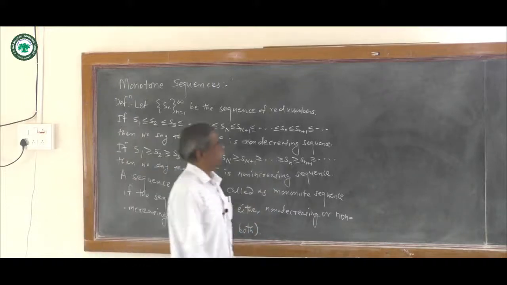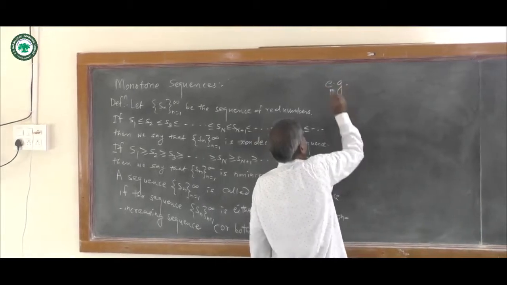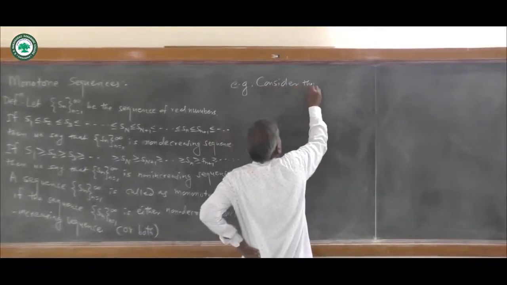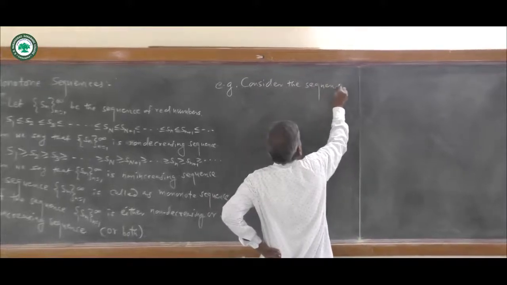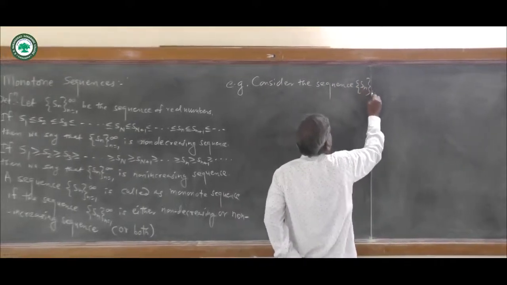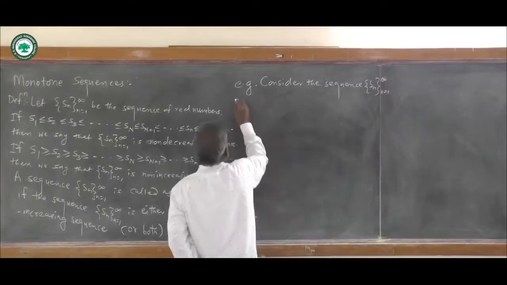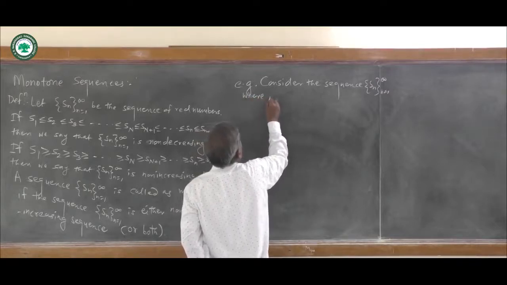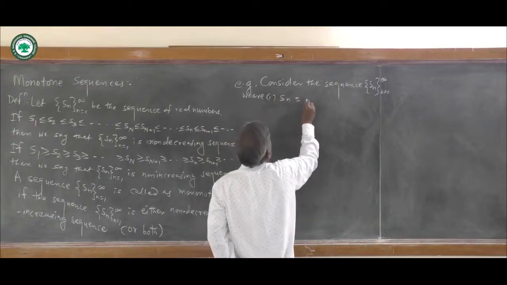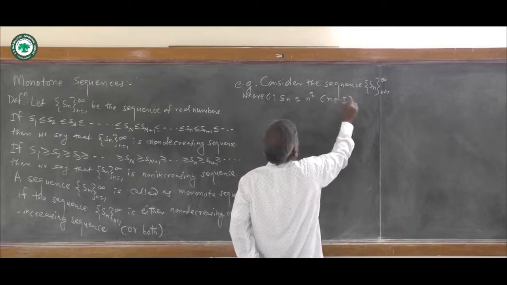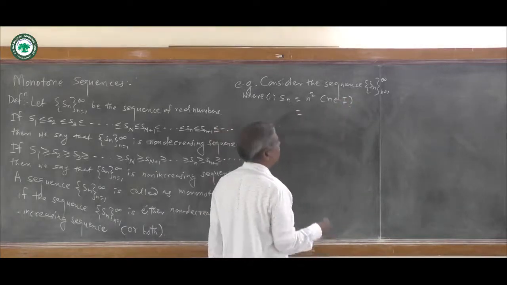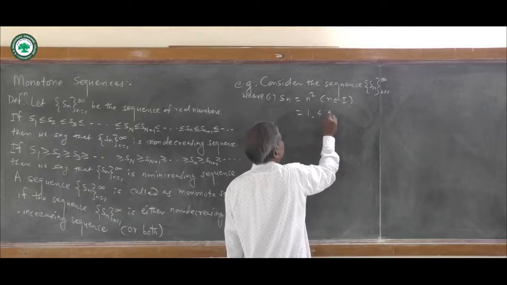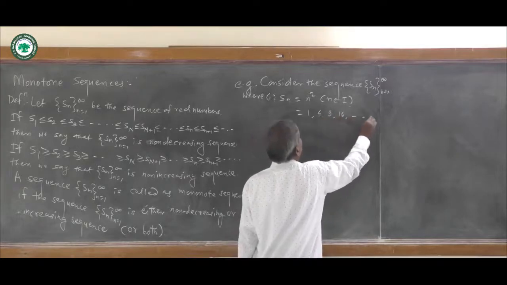For example, consider the sequence S_n, n is equal to 1 to infinity, where, number 1, S_n is equal to n square for all n belongs to I. This sequence is 1 square, 2 square, 3 square, 4 square and so on. 1 square is 1, 2 square is 4, 3 square is 9, 4 square is 16 and so on.